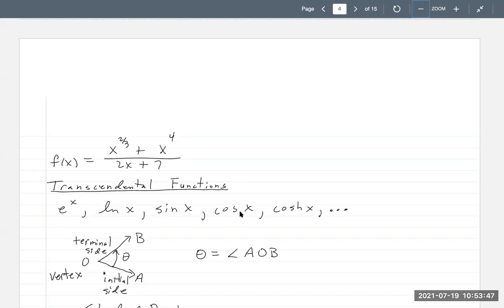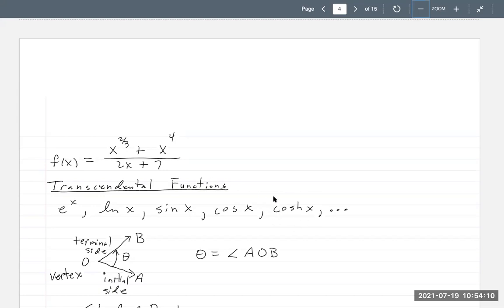And the trigonometric functions, sine, cosine, etc., which turn out to be just the exponential function in disguise. The exponential function with an imaginary coefficient turns out to give sines and cosines.